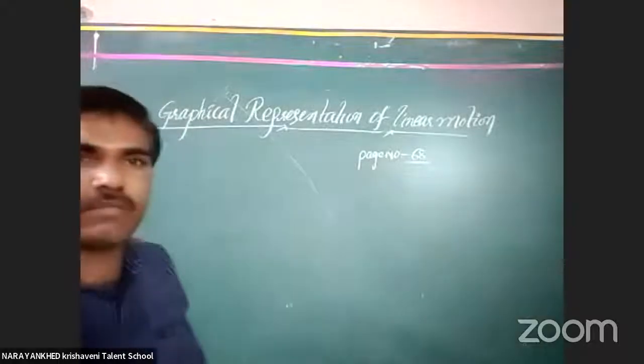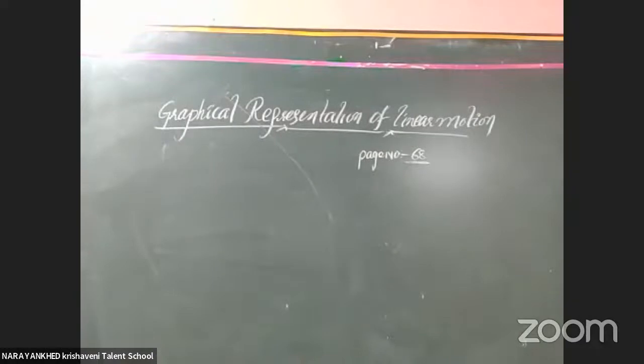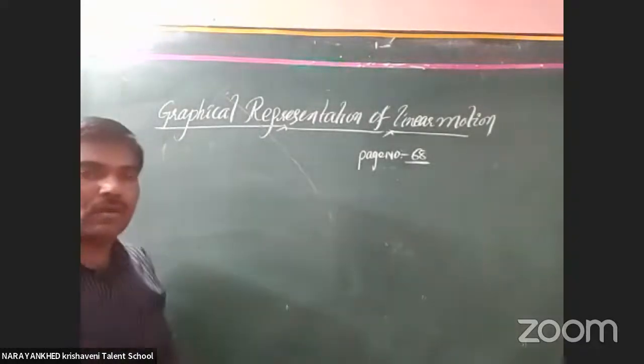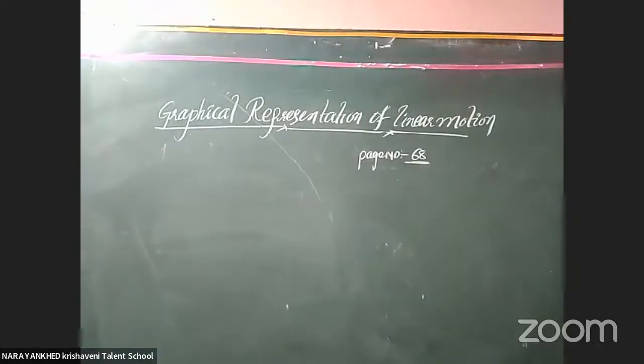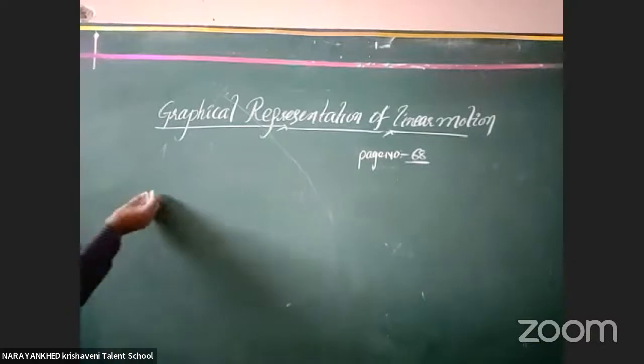Yes, this is page number 68. What is the area under the velocity and time graph?